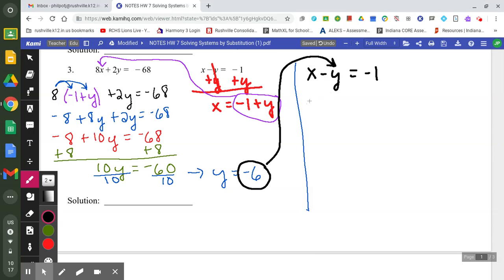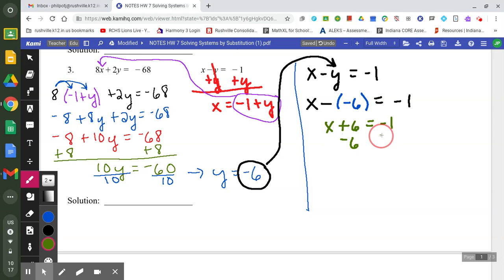So this equation will be x minus, and then the y is -6, equals -1. So now minus a negative is a plus. So when I rewrite this, I'm going to write x plus 6 equals -1.